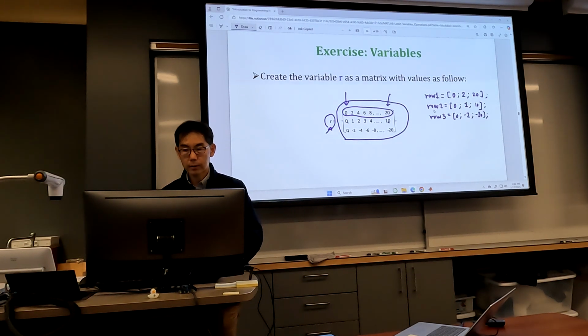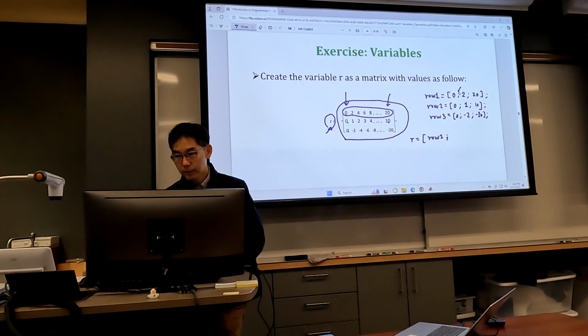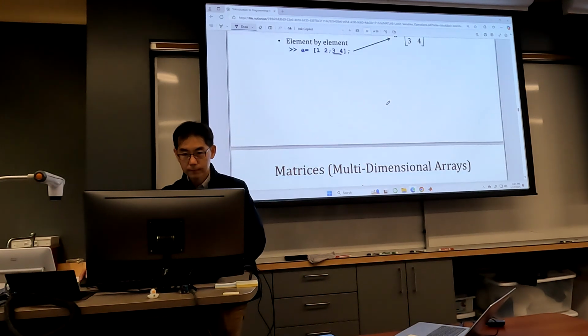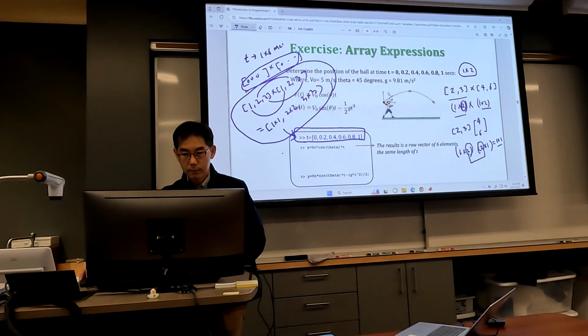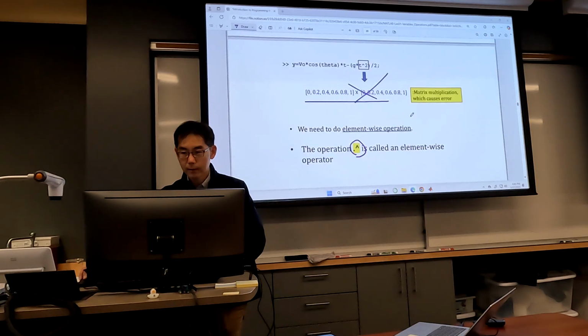After you create each row, you stack them. You stack vertically. So R is equal to row 1, and this semicolon is the stack. Oh, do I have to use a semicolon or colon? Is it colon, right? Let me show you. Colon, not semicolon, okay?